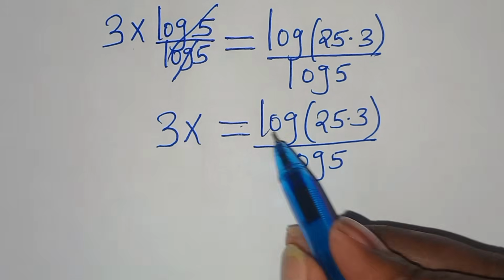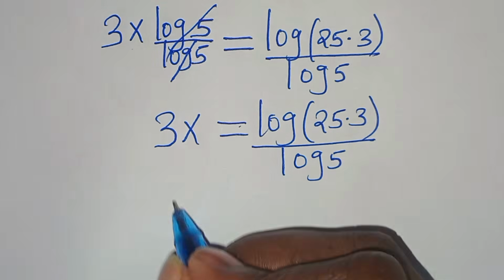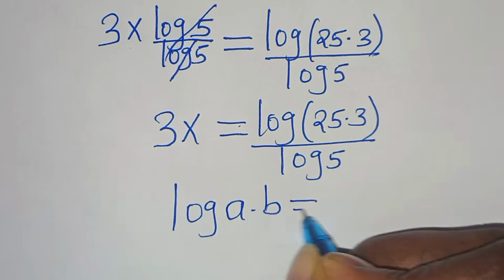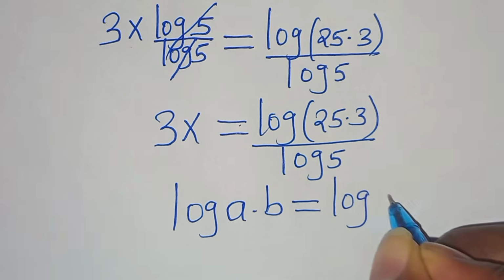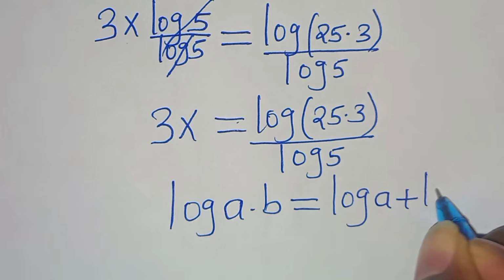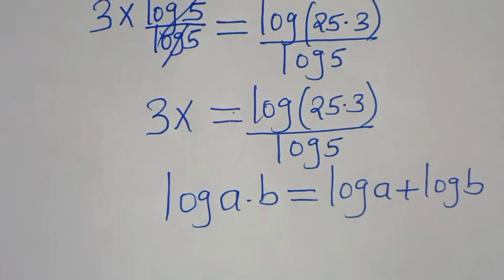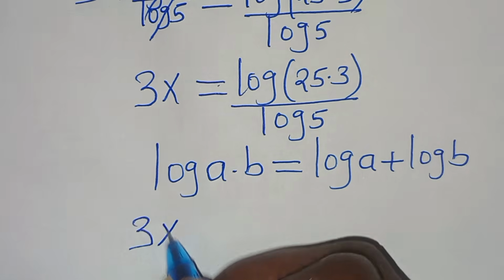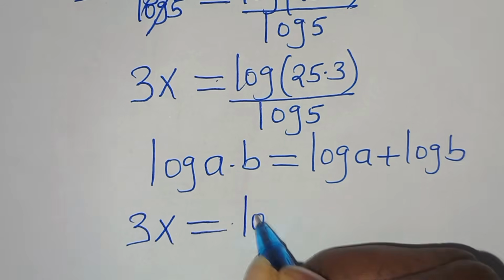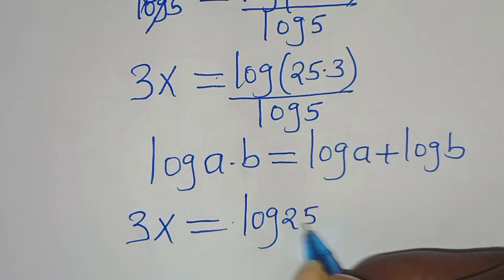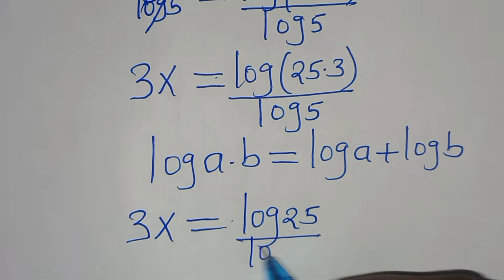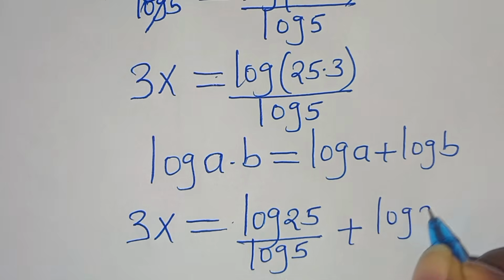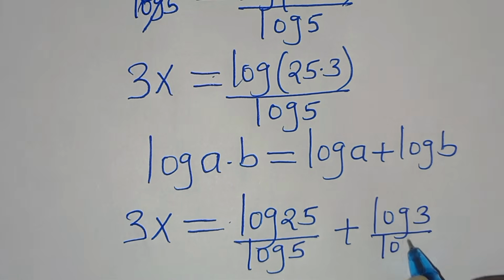The next step is that log 25 times 3, this is in the form of log a multiplied by b, which we can express as log a plus log b. Applying this logarithm property, then we have that 3x, this is equal to log 25 divided by log 5, then plus log 3 divided by log 5.